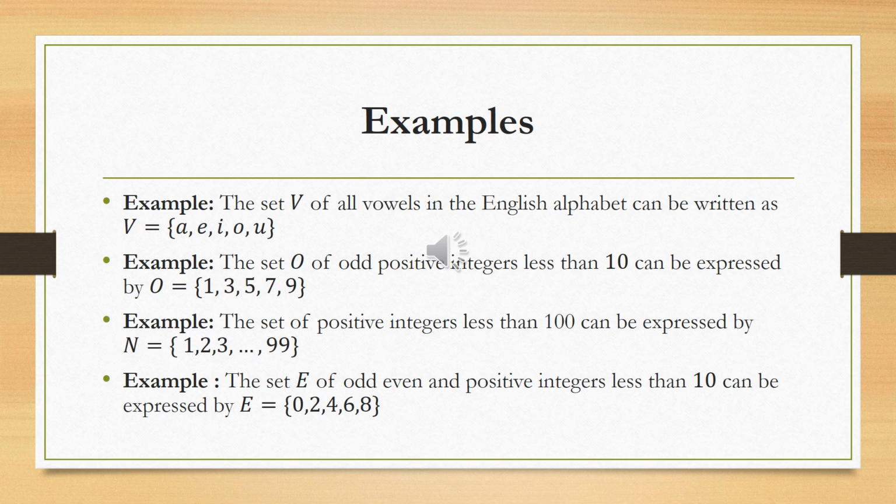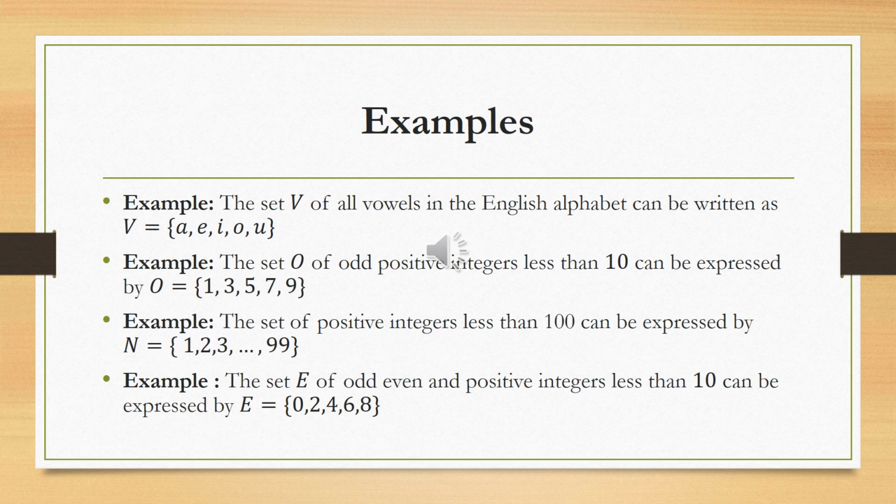V here is a set. V is equal to the set of all vowels a, e, i, o, u, all of them separated by commas, and all of them within two curly brackets.